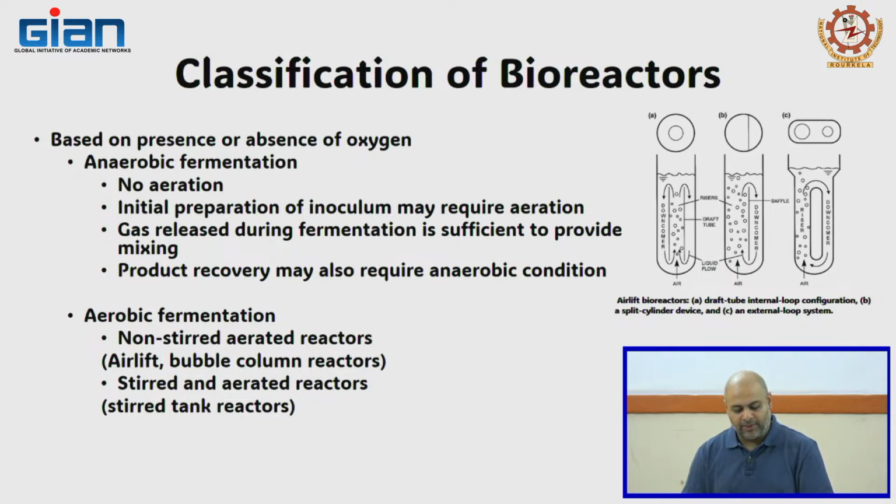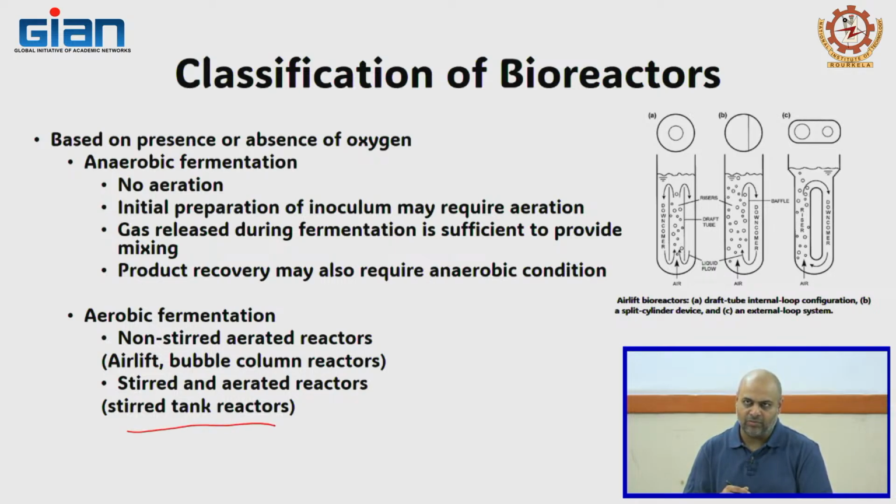For aerobic fermentation, you have non-stirred aerated reactors, which would be airlift bubble column reactors. There is no impeller, so it's mostly being mixed with the aeration. Then stirred and aerated reactors, where you have the stirred tank reactors, so CSTR would be a part of that.